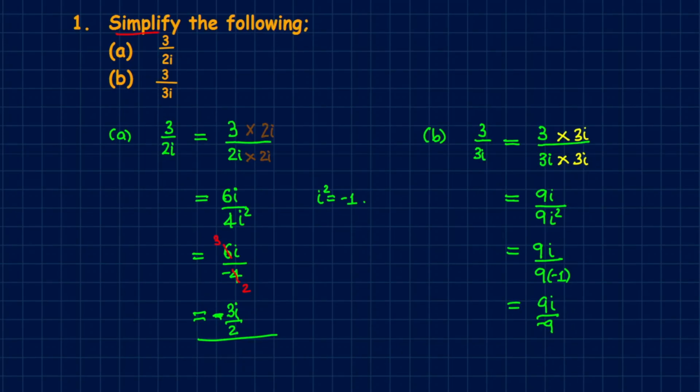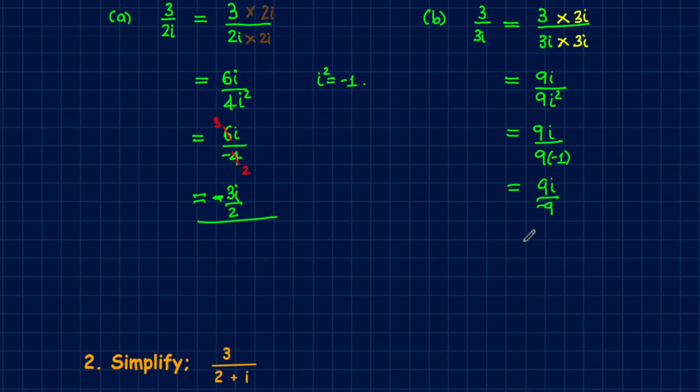So 9 and -9 divide to -1. Therefore, 3 divided by 3i is the same as -1 times i, which is just -i. It's unusual to write -1i. This is the solution to part B of question number 1.